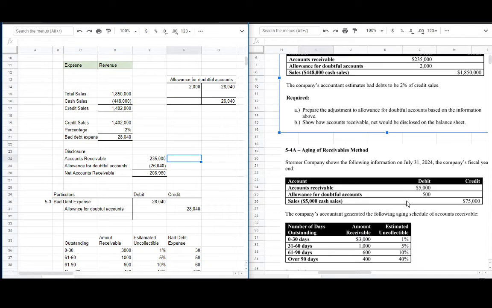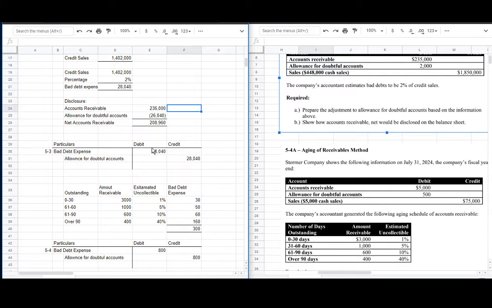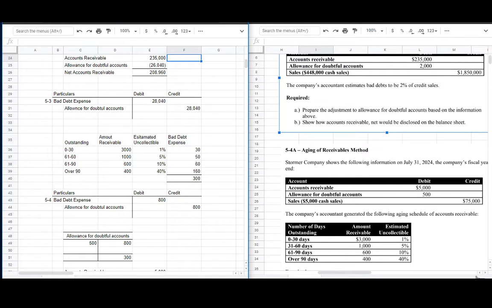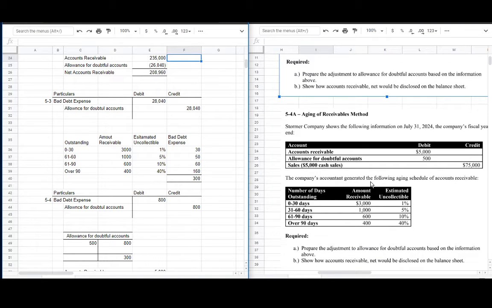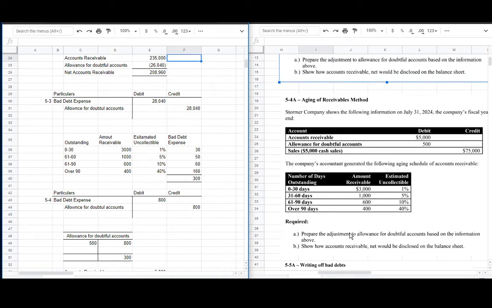And so next problem, 5.4a, aging of receivable methods. The Stormer company shows the following information on July 31, 2024. Then we are finding the adjustment to allowance for doubtful accounts, or the bad debt expense. So let me show the solution.